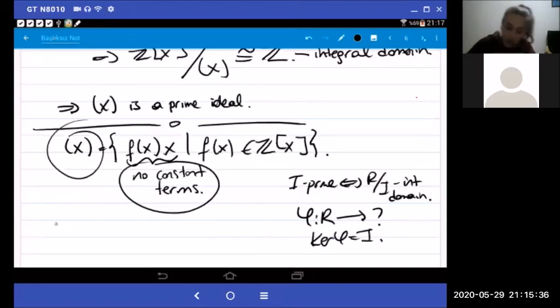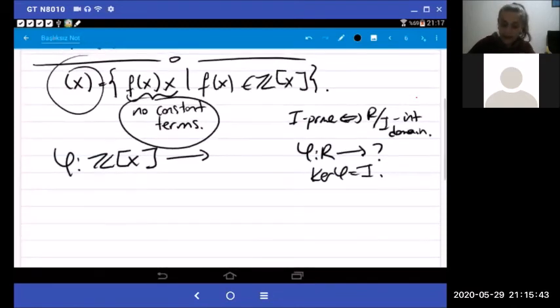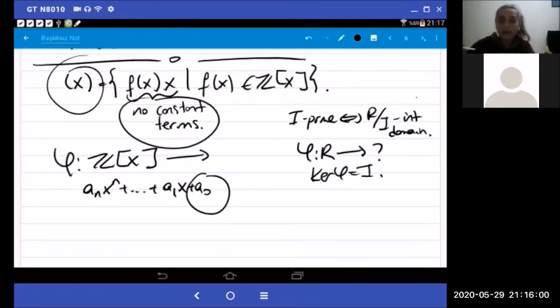Okay, so since we have no constant term in defining the ideal, first consider a general form, a_1 x + a_0. Now you don't want this a_0, okay? You want this to be killed by the ideal, to be killed by the kernel.